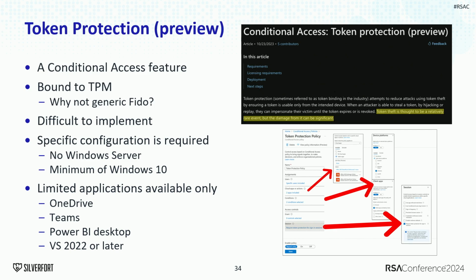The picture was taken from the documentation on the configuration needed, but it is actually a preview feature. And I am certain that later on they will provide an easier way to implement it. And right now it is very limited to specific Windows clients, modern clients, and specific applications, such as OneDrive, Teams, Power BI Desktop, and Visual Studio modern versions.